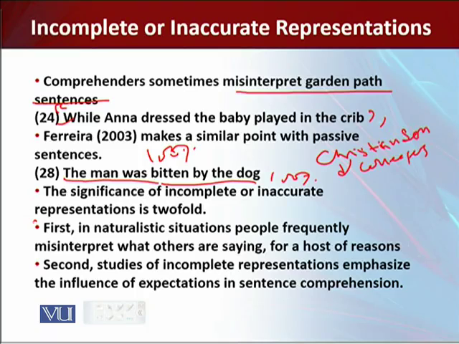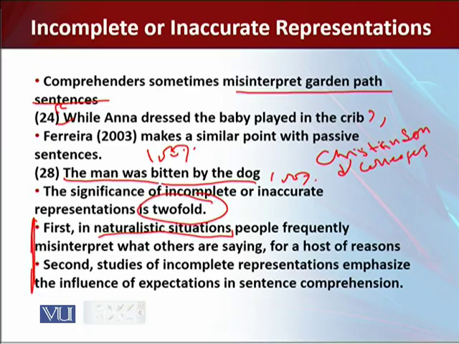Now looking at these two points, the significance of incomplete or inaccurate representation is twofold. First is the naturalistic situation. People frequently misinterpret what others are saying for a host of reasons. It could be they are distracted by others, some noise in the environment, some comments, and so on.